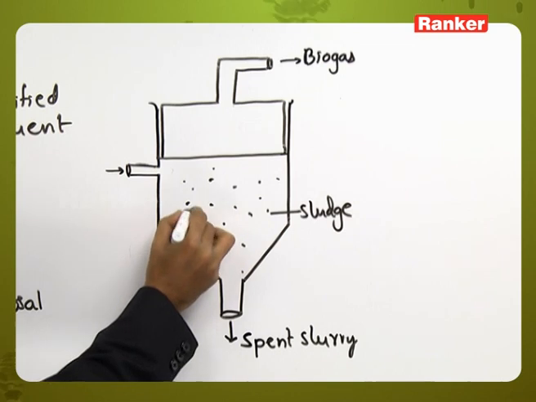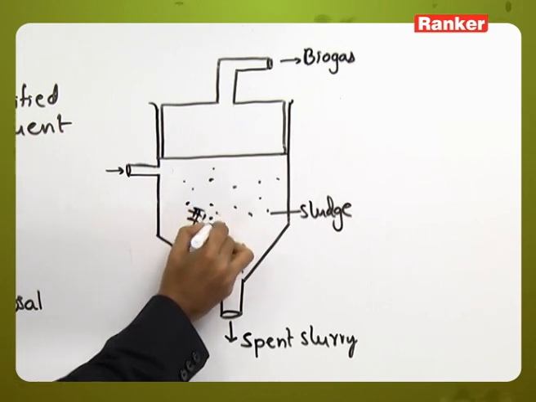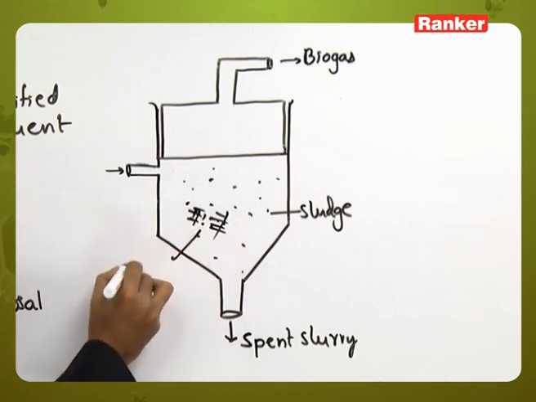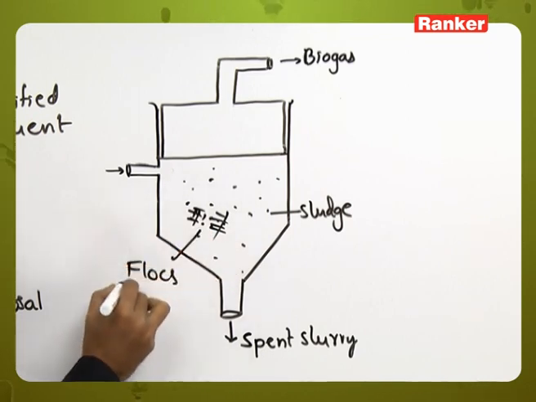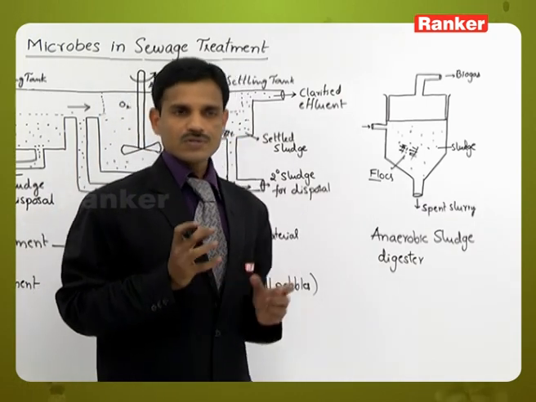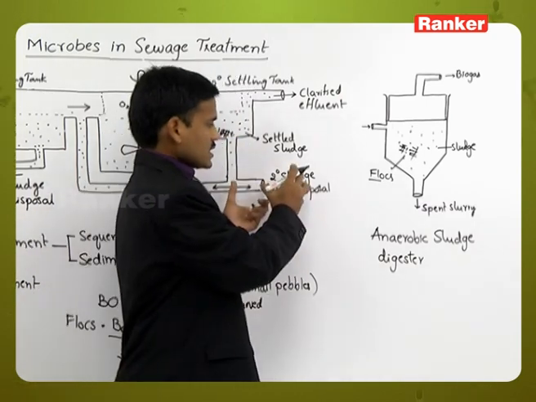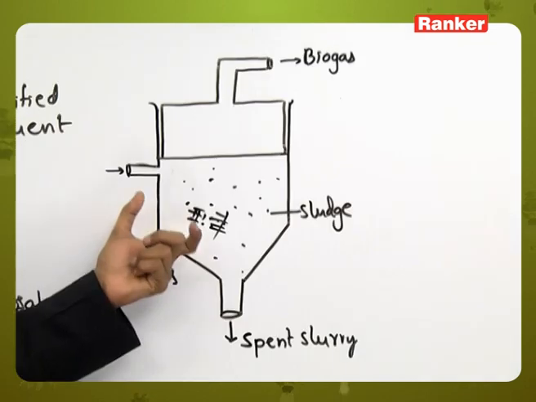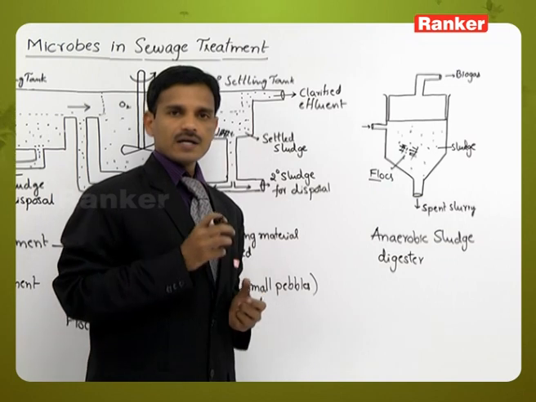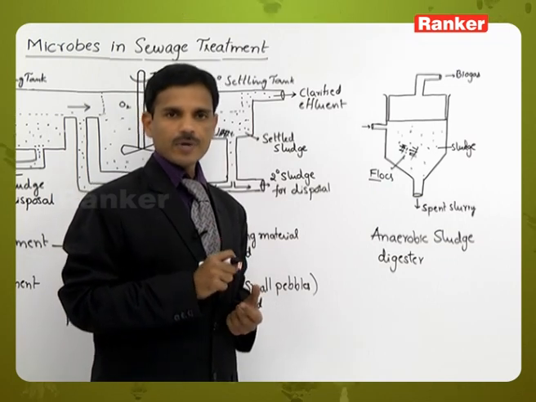Here the flocs are there. Flocs are nothing but bacteria and fungal members. So the secondary sludge contains a number of bacteria and fungal members, and these are digested by anaerobic bacteria.